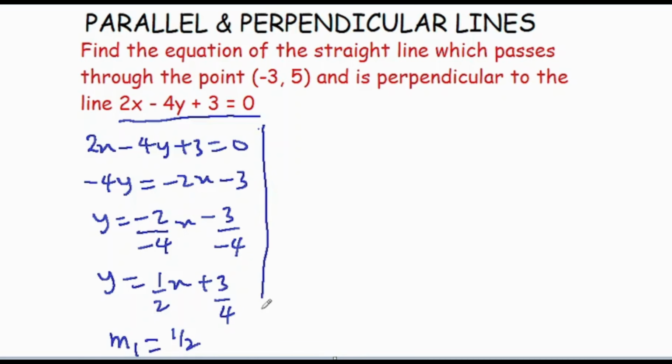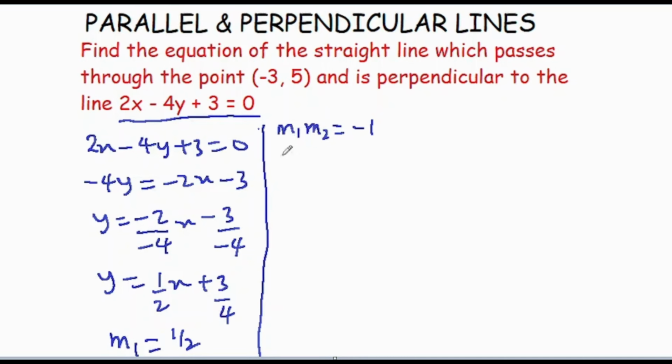Okay, alright. So the equation that we are looking for, if the line of that equation is going to be perpendicular to 2x minus 4y plus 3, then if you multiply the slopes of the two equations, you're going to have negative 1.